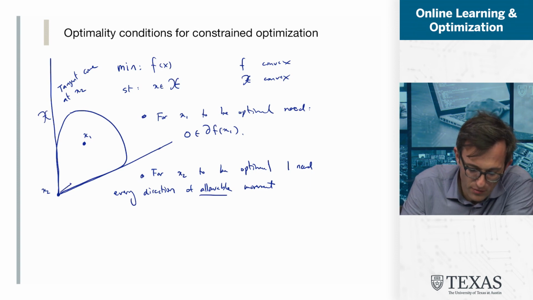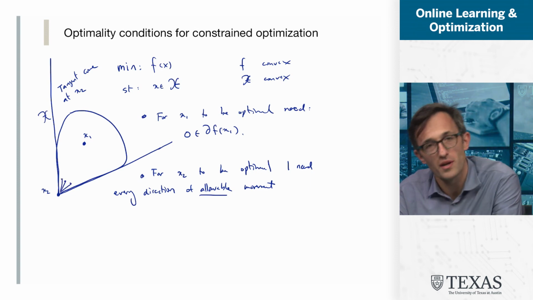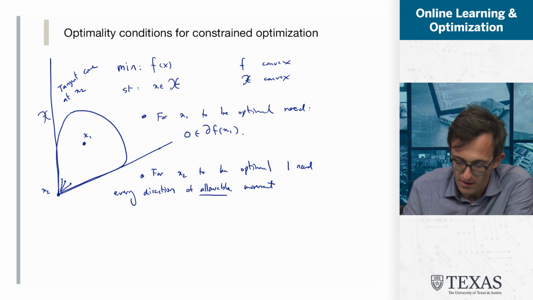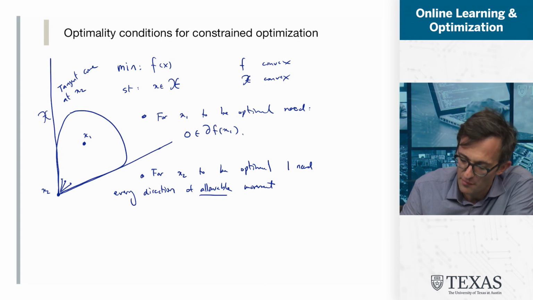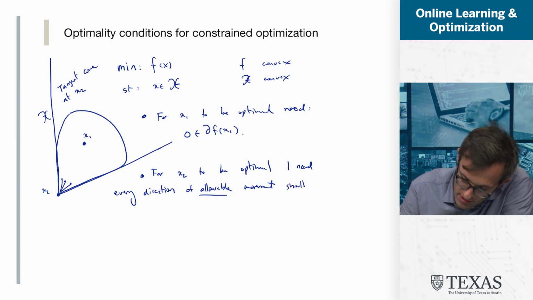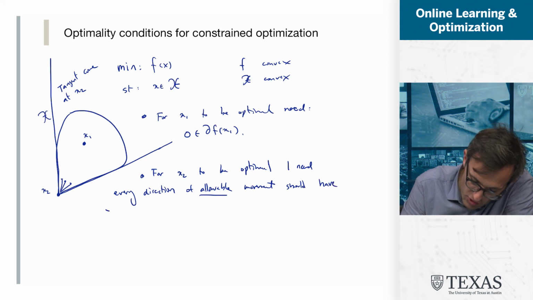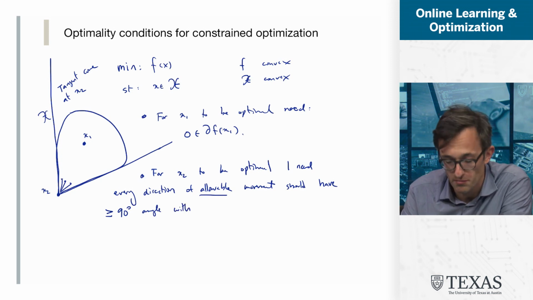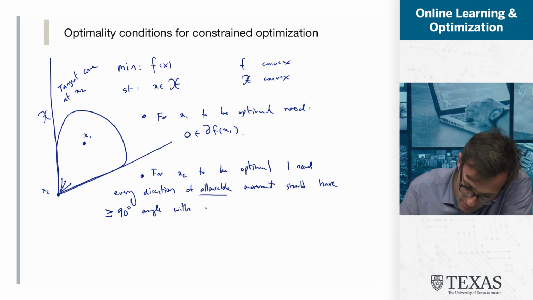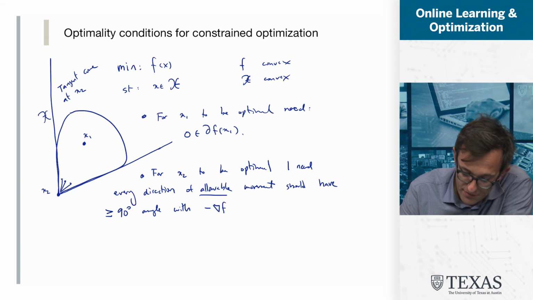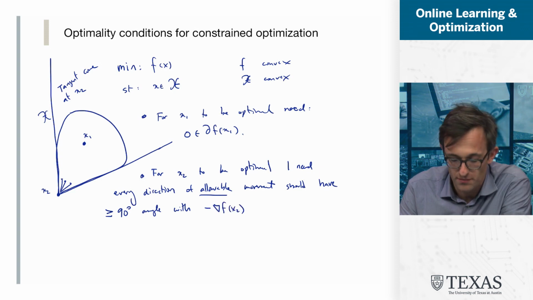So I can go in any one of these directions, and all of these directions should be worse off for me. So what does that mean? Every direction of allowable movement should have a greater than or equal to 90-degree angle with the direction I most want to move in, which is the negative of the gradient at x2.